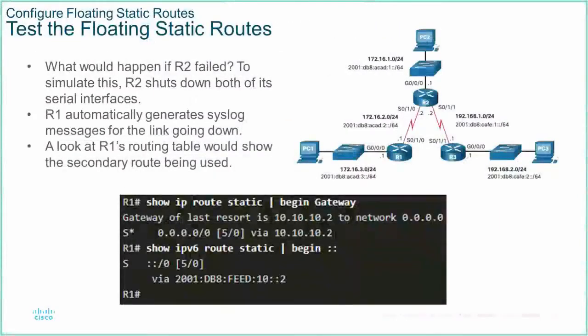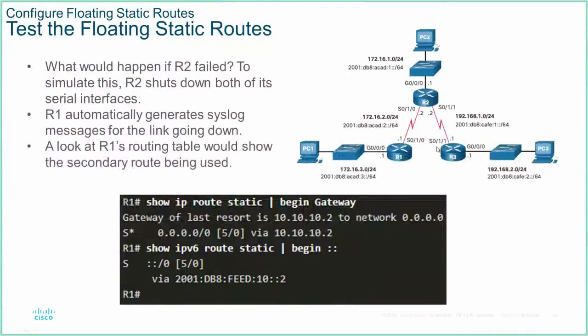So what happens if it fails? So router 2 shuts down. Alright, we lose connectivity to router 2 for whatever reason. And router 1 generates a message saying the link to router 2 is gone.